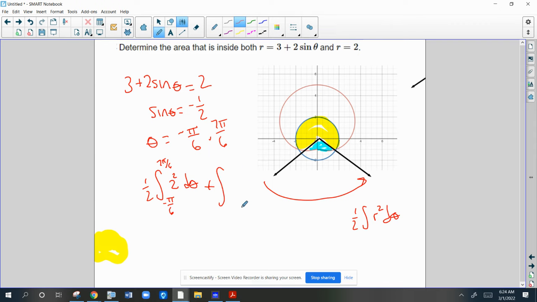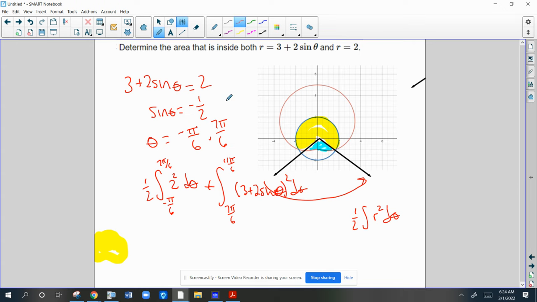I'm going to go from 7 pi over 6 to, this would be 11 pi over 6, of r squared, which is 3 plus 2 sine theta squared.